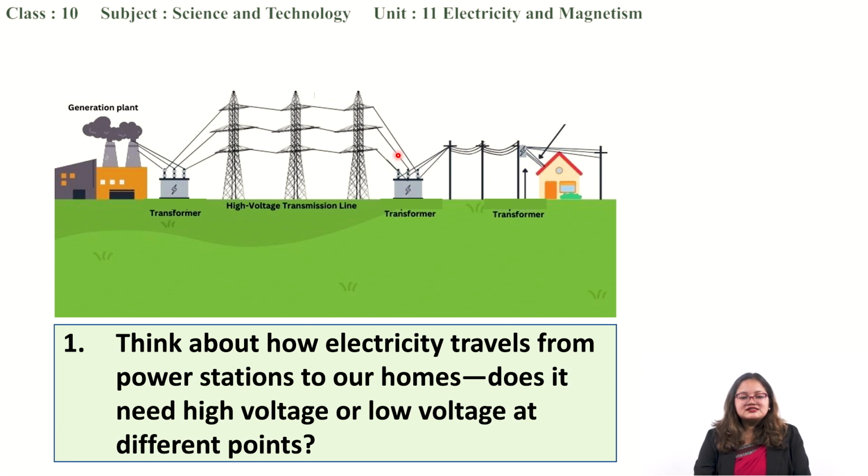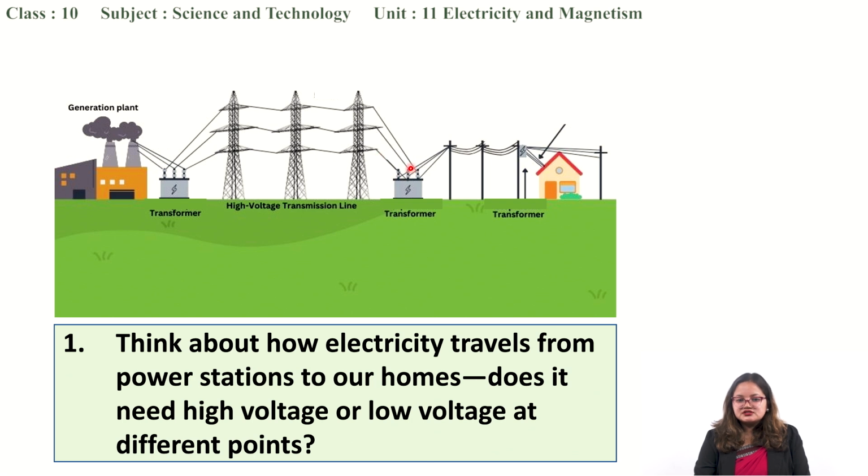So once this very high voltage reaches the other transformer, by altering the number of turns, the voltage is decreased slightly. The output voltage in this transformer is comparatively low compared to the previous transformer.